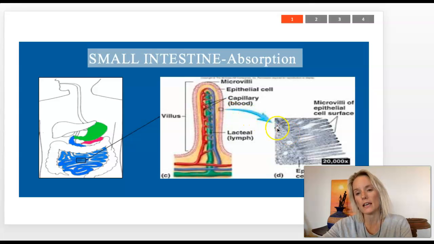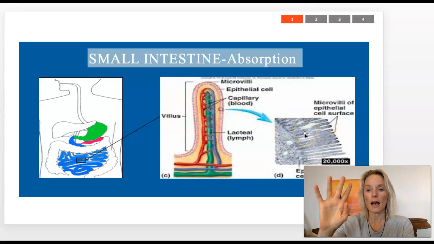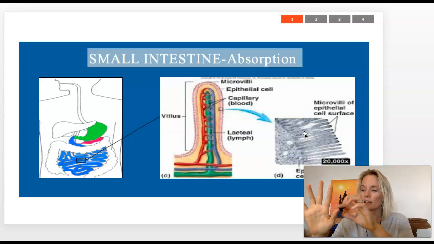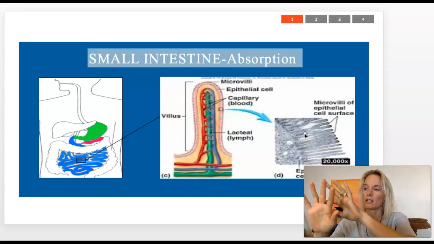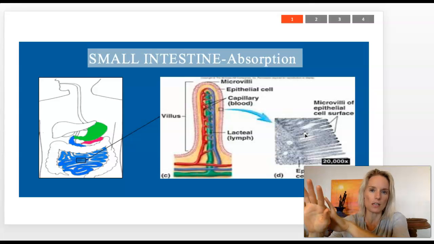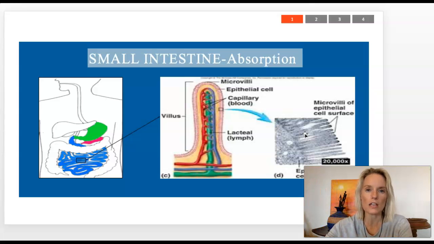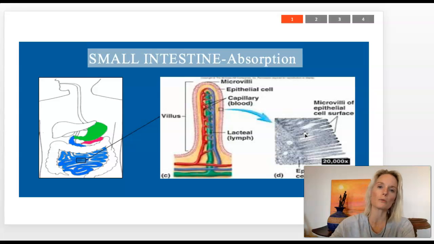And we'll see here that if I highlight it for you under the microscope, you'll see these finger-like projections called your microvilli. These microvilli stick out and have a massive surface area. That surface area is very important to help you absorb.